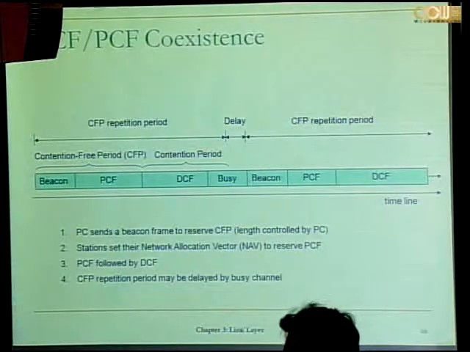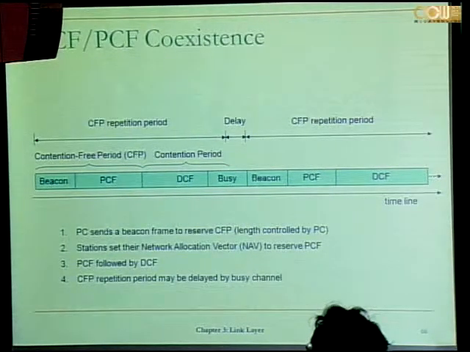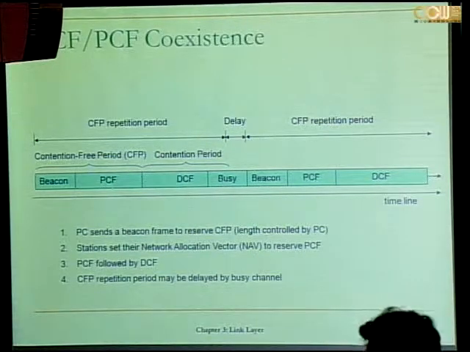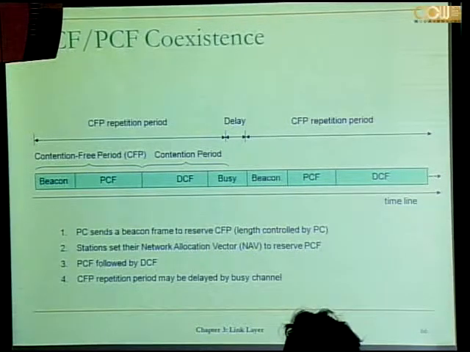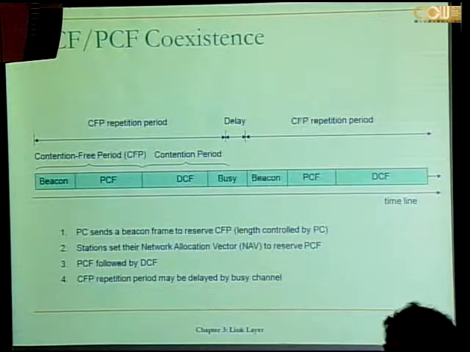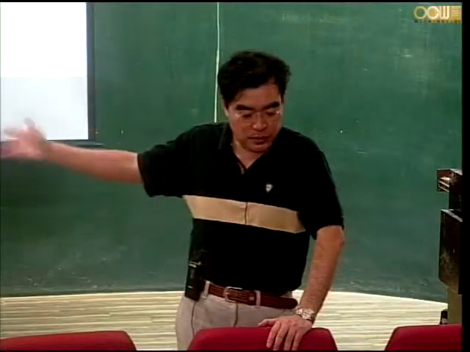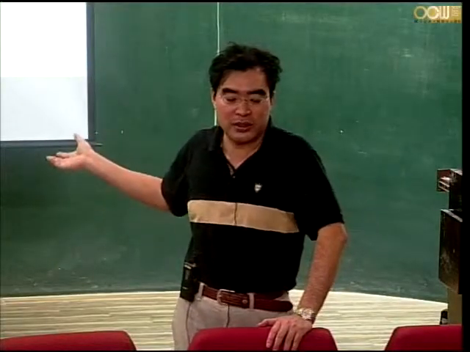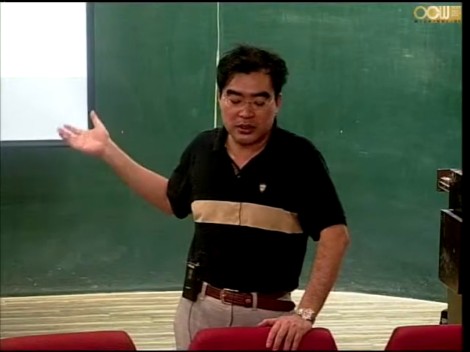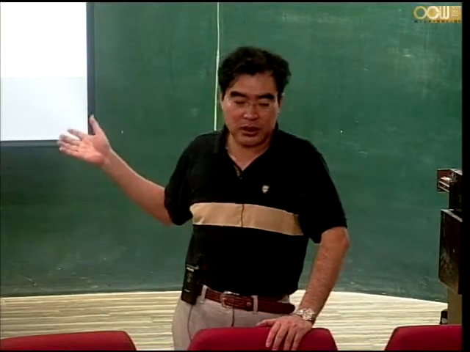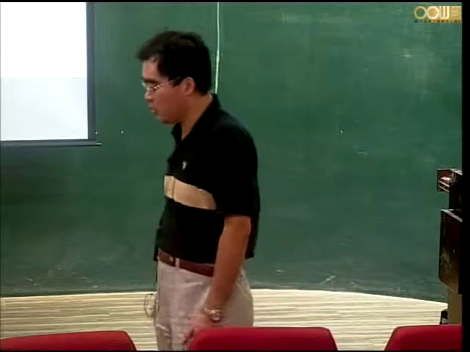Once done, everybody gets into the DCF contention period, and that's the place you run the CSMA-CA protocol to compete with each other. So ideally, they try to reach that scenario with polling combined with CSMA-CA contention-based access.